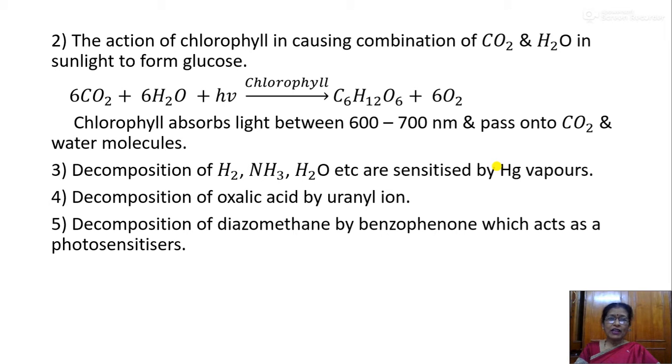Here, chlorophyll absorbs light between 600 to 700 nanometer and passes energy to the carbon dioxide and water molecules. Then the third one: decomposition of hydrogen, ammonia and water sensitized by mercury vapors, decomposition of oxalic acid by uranyl ion, and decomposition of diazomethane by benzophenone, which acts as a photosensitizer.